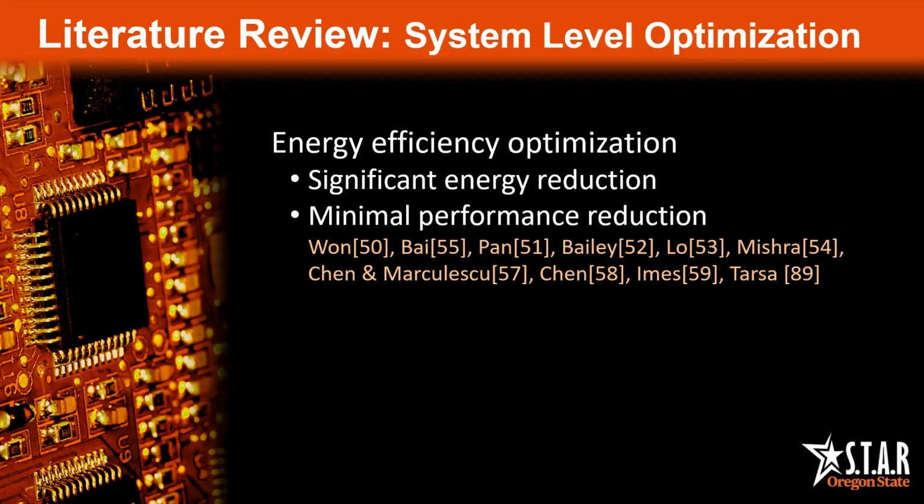Energy efficiency optimization has become a significant consideration in architecture due to the growing gap between computation resources and energy limitations. Wang addressed this problem using a hybrid control scheme that combines an artificial neural network and a PI controller. This hybrid scheme allowed the PI controller to act as a surrogate for supervised training data during online learning.